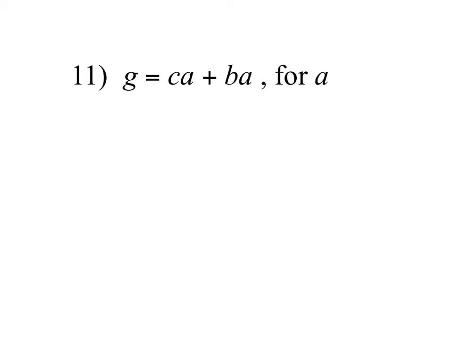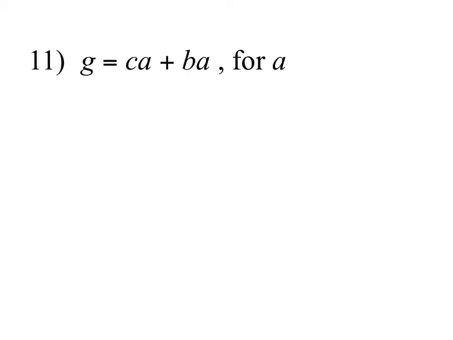All right, so had a special request for number 11. So there's actually not a lot that I need to do as far as I don't have a designated variable in the denominator, and I have more than one designated variable, but they're both already on the same side of the equal sign.